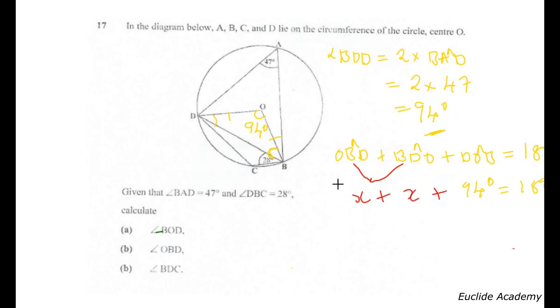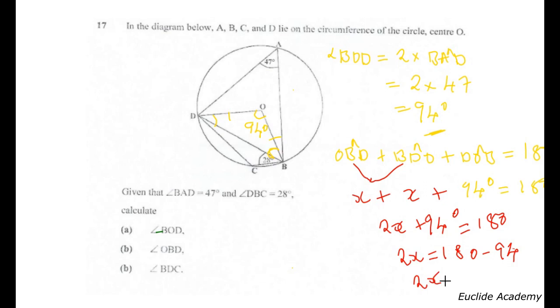So x plus x gives us 2x, plus 94 degrees, should be equal to 180 degrees. Then 2x is equal to 180 degrees minus 94, and that should give us 86.